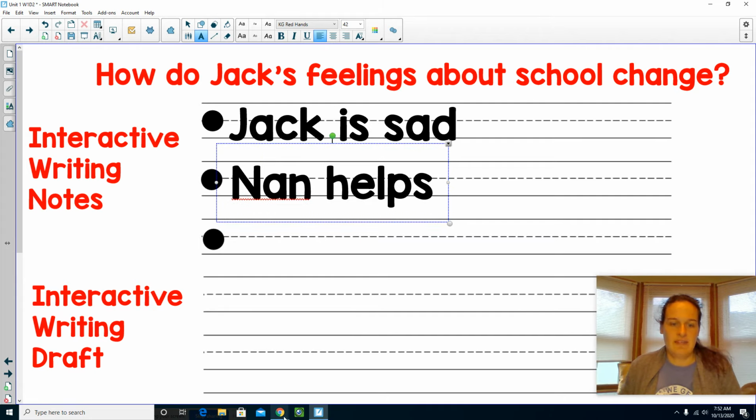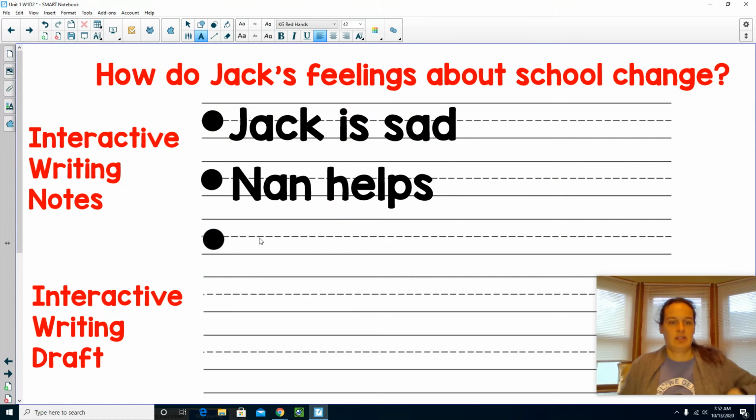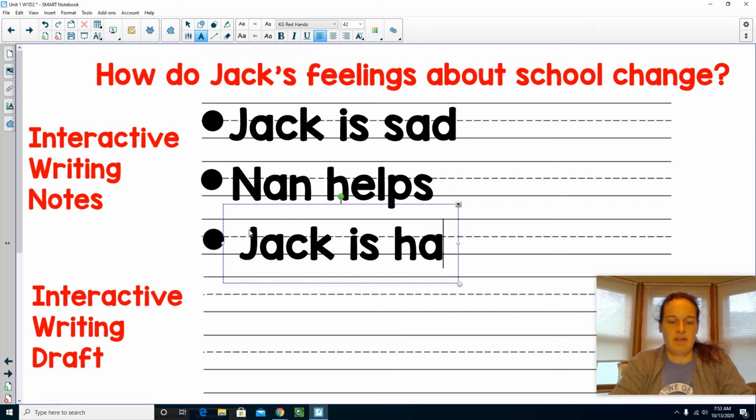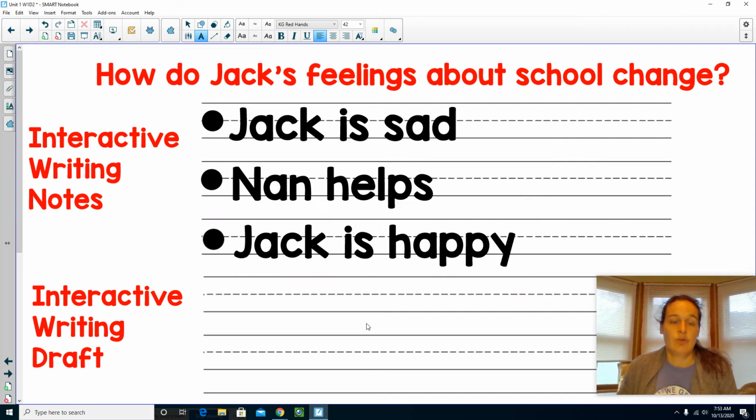And then at the end of the story, Jack likes school. And it's because Nan helped him. So Jack is happy at the end. That's how he feels. Jack is happy. Alrighty. So now we're going to use this information to go ahead and do some writing.